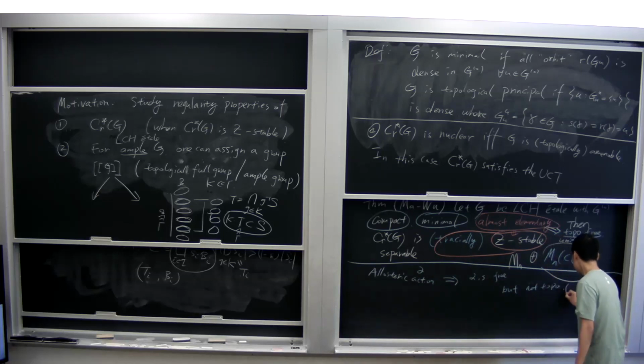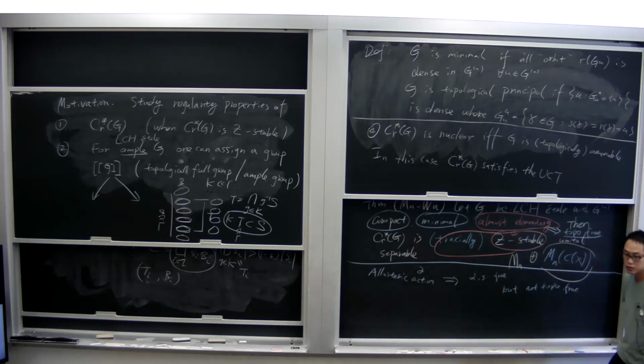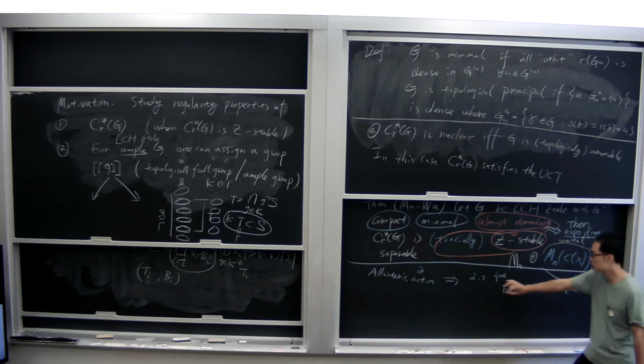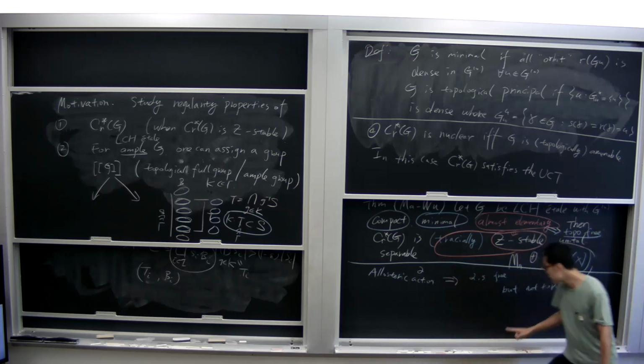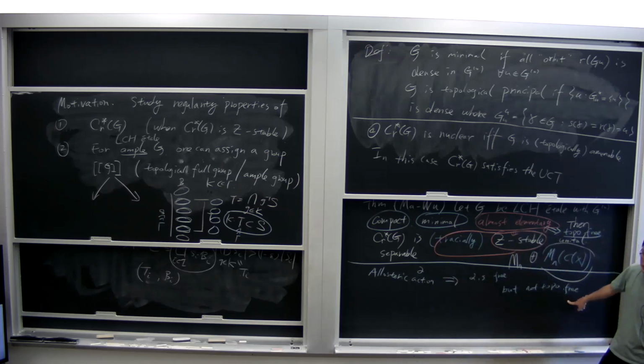That's the definition here. Because almost elementariness implies your groupoid is topologically free, but this action is not topologically free. So even though it has many other good properties, it cannot be almost elementary.